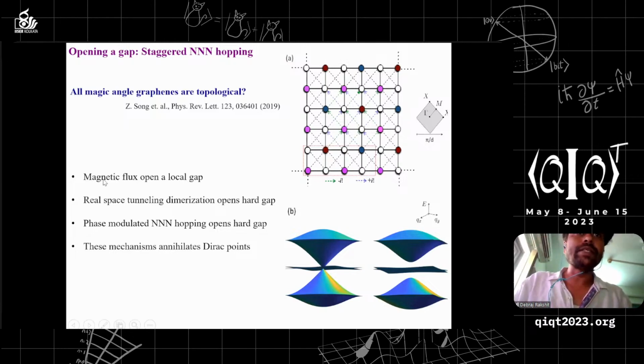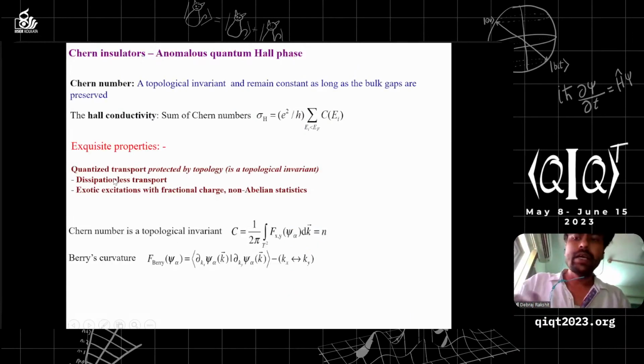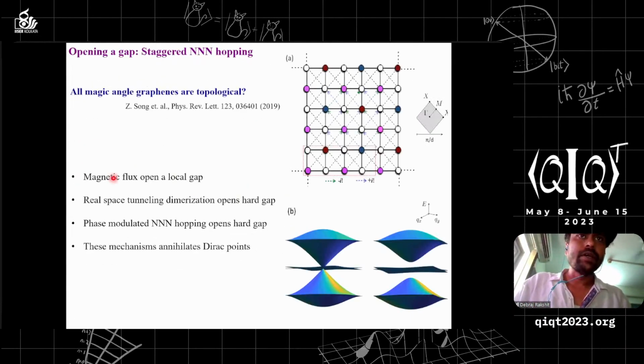So what happens? This magnetic flux that I initially talked about opens only a local gap. But you can do two things. One, you can take a tunneling dimerization like T1, T2, T1, T2. That will also work, so this creates a hard gap. Or you can take a phase modulated next nearest hopping that I was talking about.